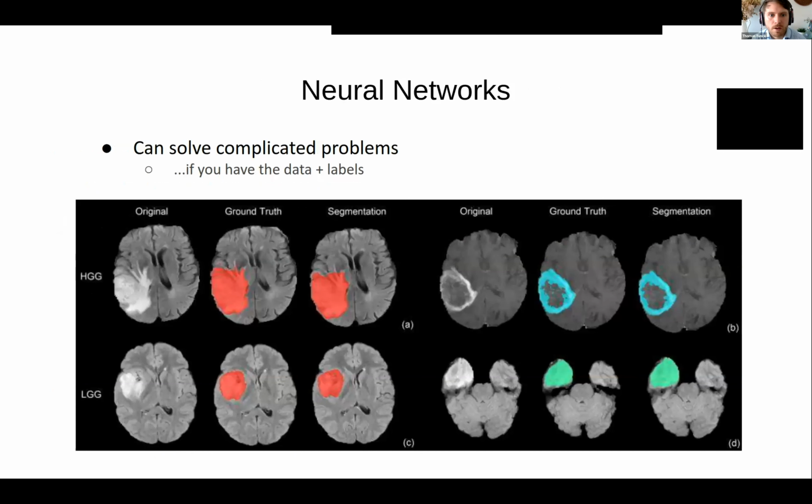So the last technique that I want to talk about is neural networks. The reason we turn to neural networks is because they can be quite powerful. You can solve really complicated problems like you see here, where I think this is probably a stroke, and you can create algorithms that can automatically segment this.